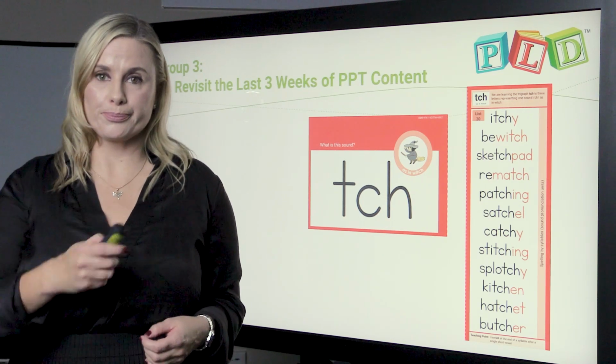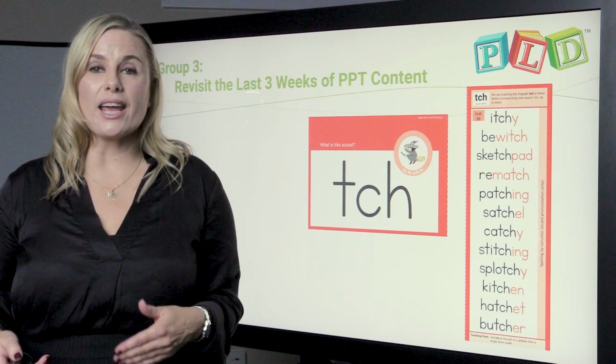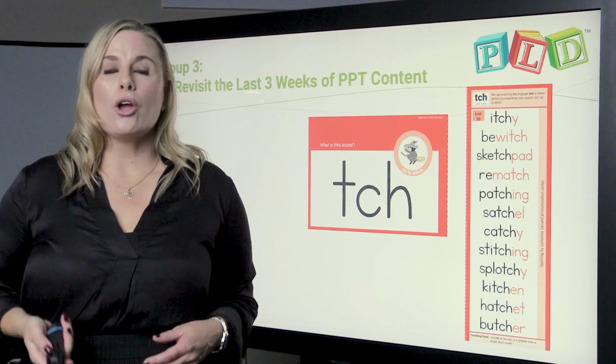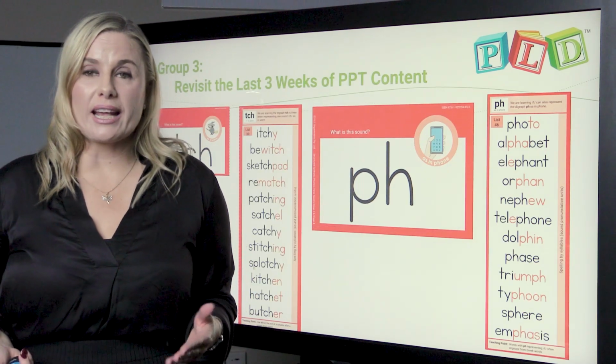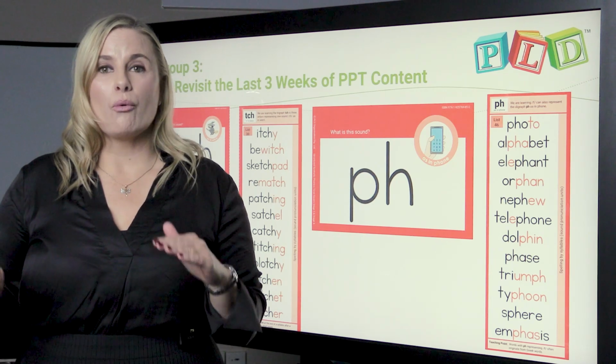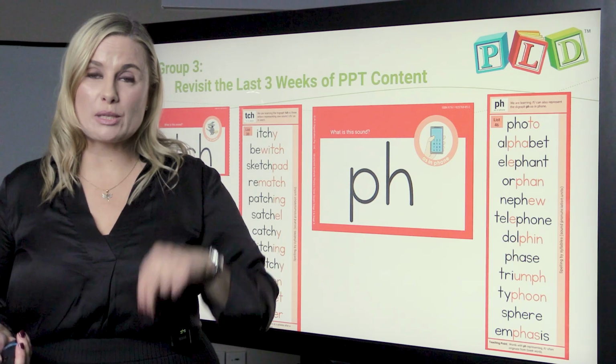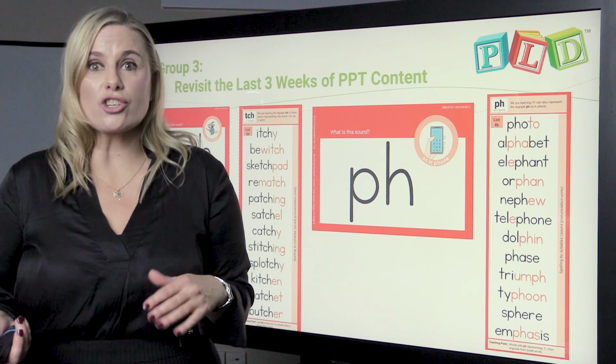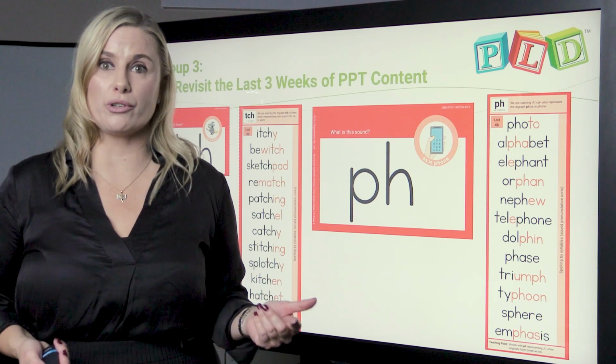Go. It is a rematch. Group 3, we've also been looking at our digraph sound, 2-letter. We've also learnt that when you see words with this digraph in it, they usually have originated from a Greek word, which was really interesting.